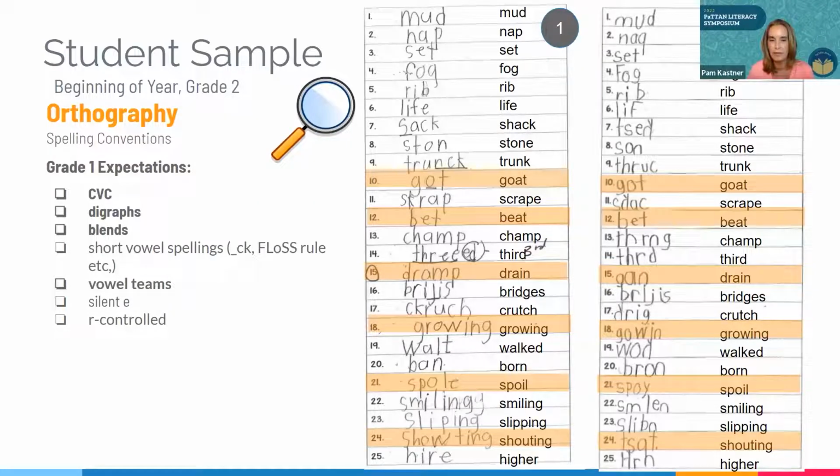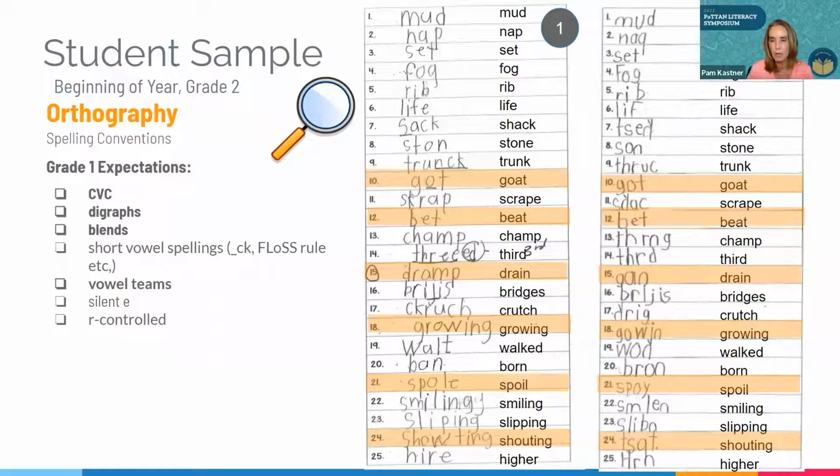We see student 1 and student 2 using long vowel letter names to represent long vowel sounds. So an example for goat, we're using the long O to represent the OA spelling pattern. In beat, we're using letter name E to represent the EA, and so on. We see the A for drain again. So this is a pattern that we're seeing over and over again.